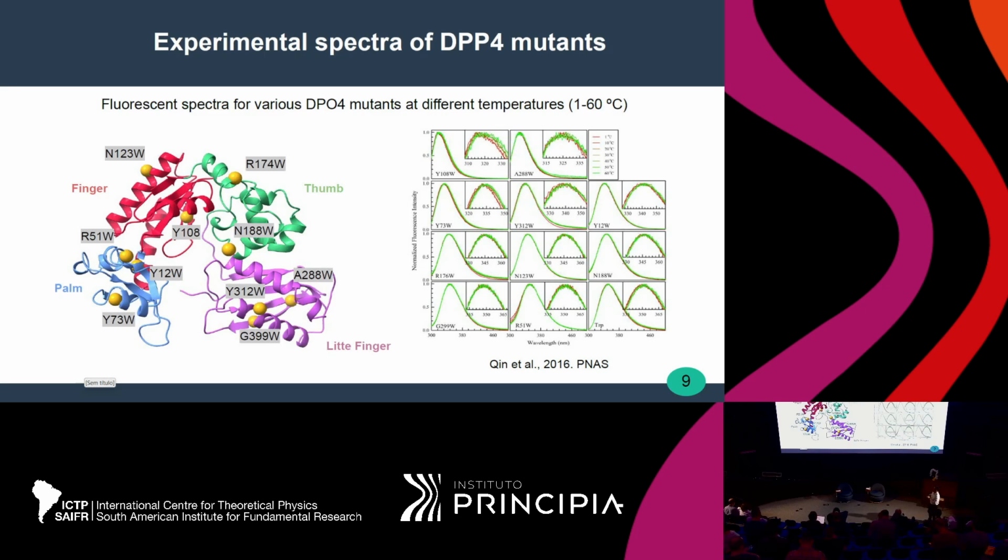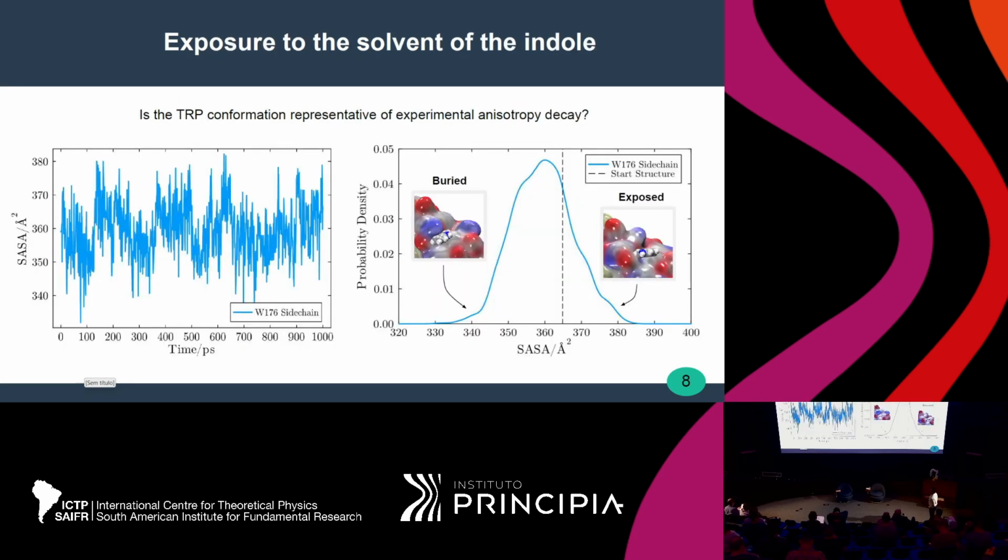They are more deep in the structure or more exposed to the solvent. So the spectra are in fact shifted, or blue shifted, with respect to each other. So it's interesting to us.